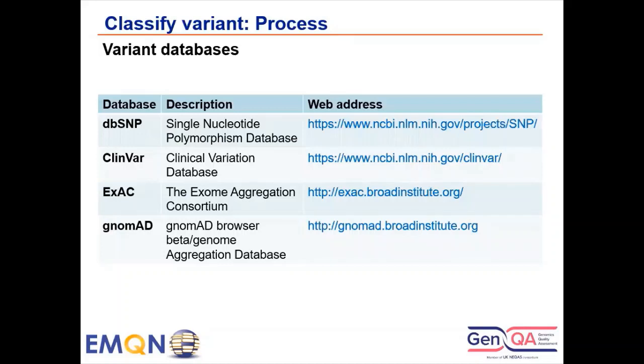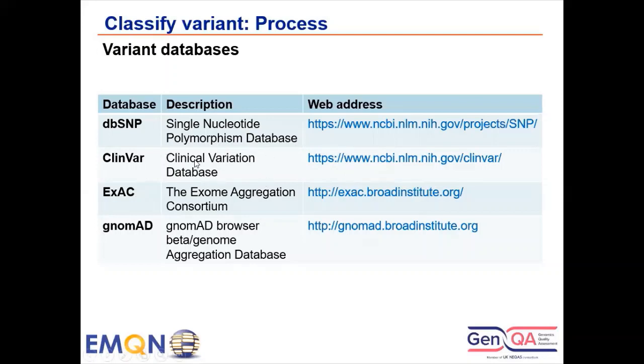Here you see an overview of variant databases that can be applied. To quickly look up how frequent a variant is in the general population, you can use dbSNP and also gnomAD and the ExAC databases, which are very good sources to evaluate the allele frequencies in the general population.